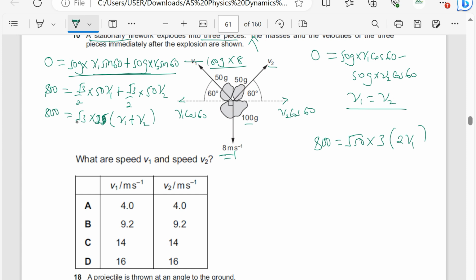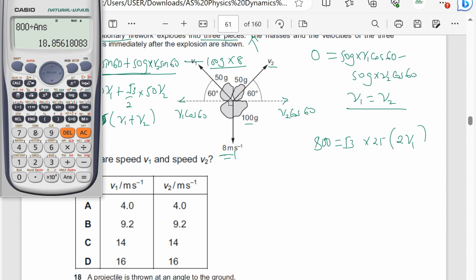Why am I changing this? So 800 is equal to root 3 times, remember I divided 50 by 2 to become 25, so it is times 25.